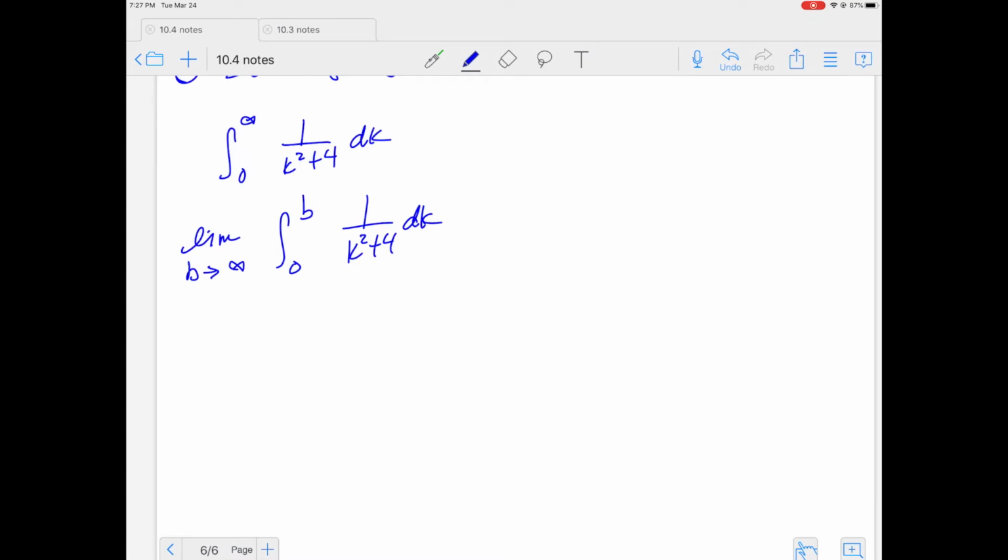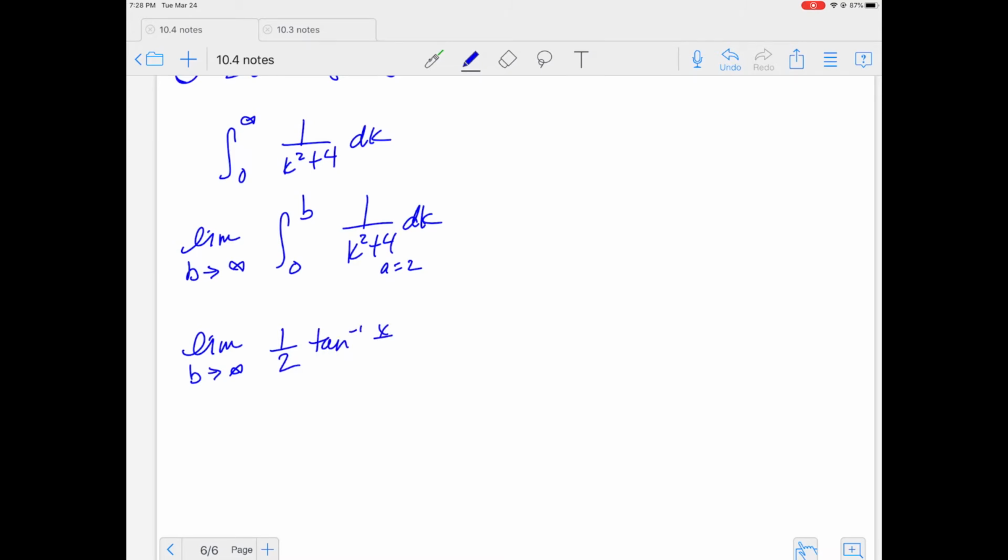Do I need to do a u sub here? No. Good. What is it? Inverse tangent. Great job, guys. So this is straight up inverse tangent here where a is equal to 2. So I'm taking my limit as b approaches infinity. If this is my inverse tangent, then I have to account for that a to be 1 over a, right?